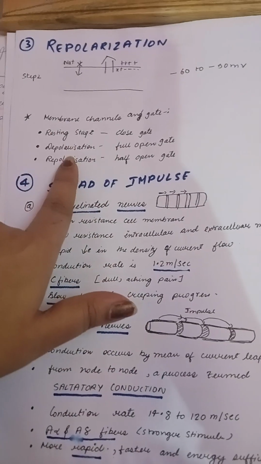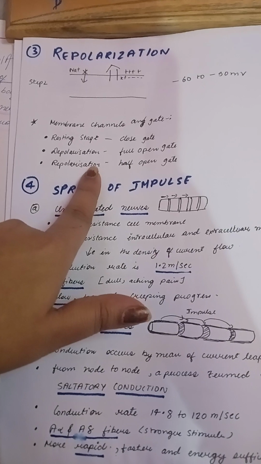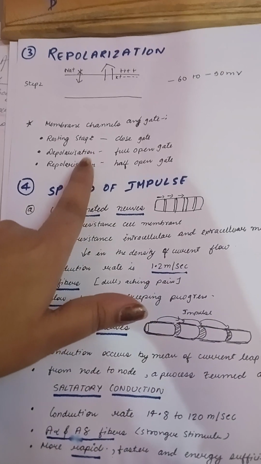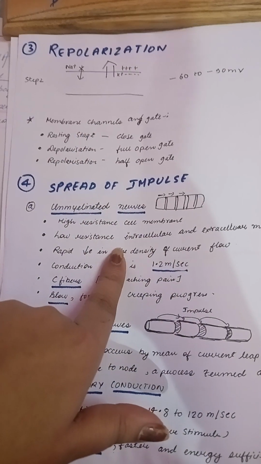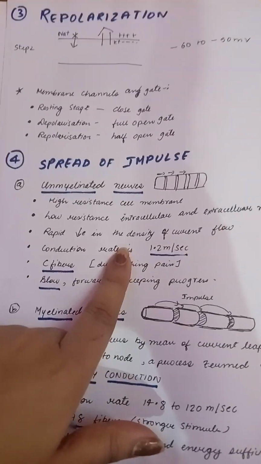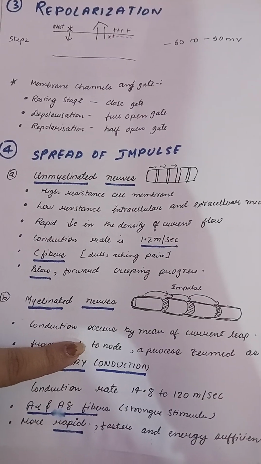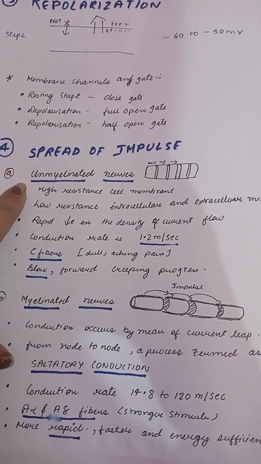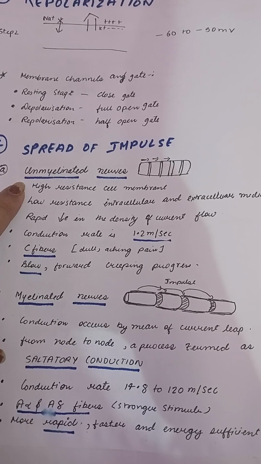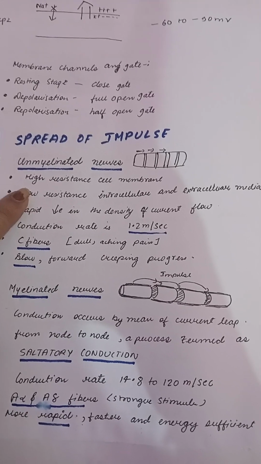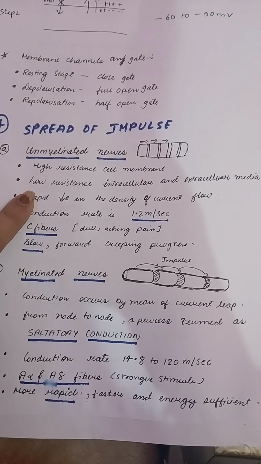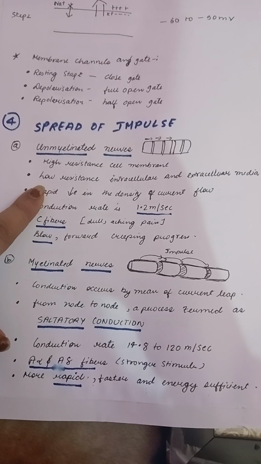Now after this electrophysiology of nerve fibers, what happens? Spread of impulse. How will the impulse spread? Either by unmyelinated nerve fibers or myelinated nerve fibers. Unmyelinated nerve fibers have high resistance cell membrane and low resistance intracellular and extracellular media.